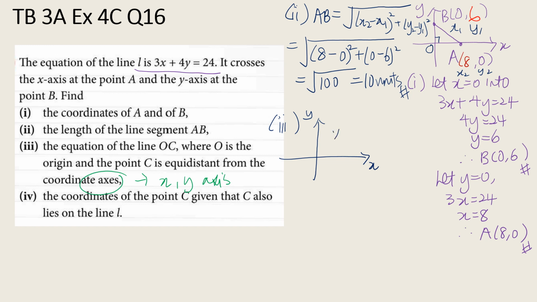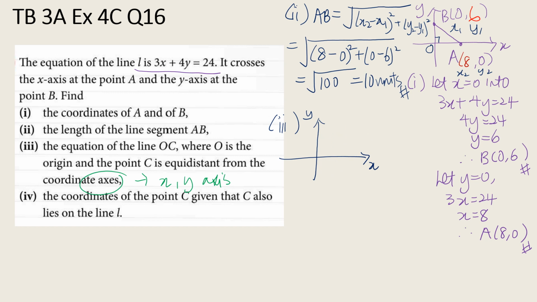Let's say I have a point 3 comma 3. What does 3 comma 3 mean to you? Wrong, let's start all over again. Rewind.